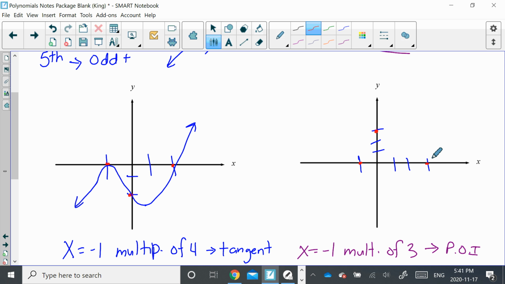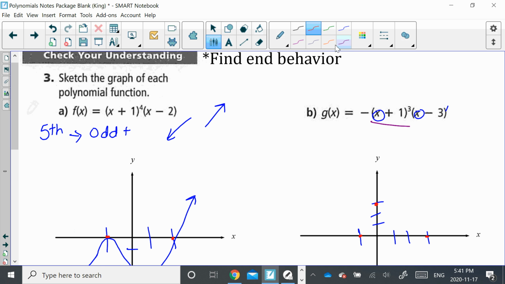Okay, lastly, before we punch this into our calculator to get the picture a little bit nicer, we are going to figure out the end behavior of my graph. In order to do that, we need the degree of this polynomial function. The degree is going to be 3 plus 1. It is a fourth degree, which is an even polynomial function.